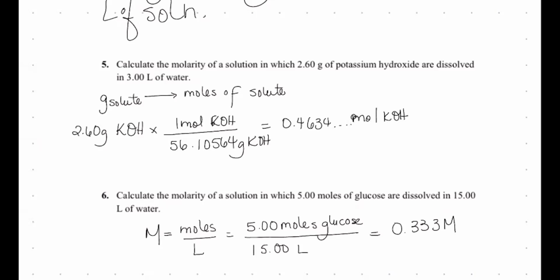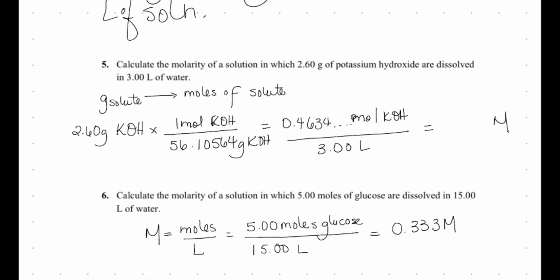Then I'm going to divide that value by the liters of water. How many sig figs in my concentration? We're not looking at decimal places here.